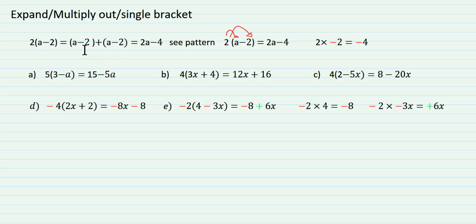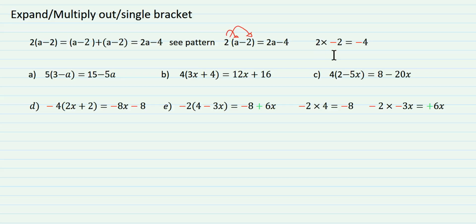Now what I could do, I could add, I have 2a's here, 1, 2, so I'll write 2a here. Then the numbers I add next, so it's minus 2, minus 2, which is minus 4. But we can also see the pattern that we can get this by just multiplying 2 times a, which gives me 2a, and 2 times minus 2, which is minus 4.